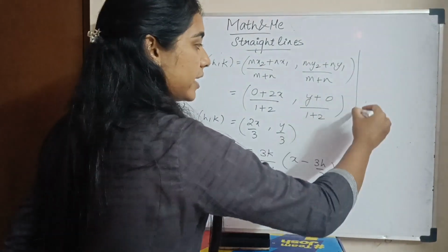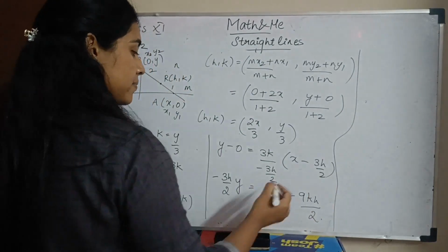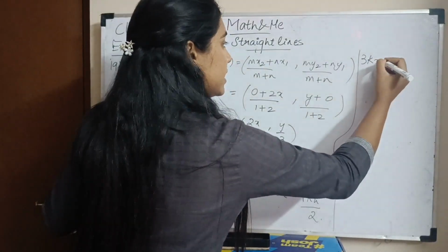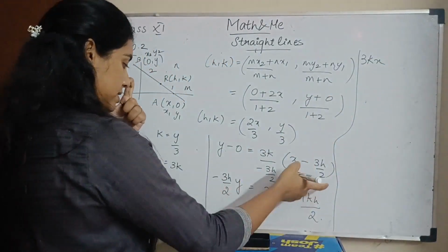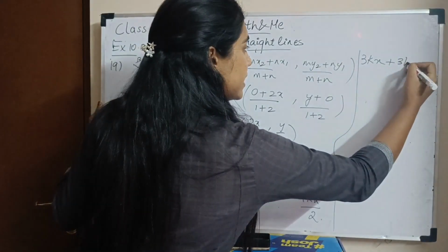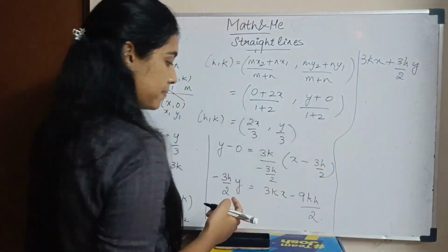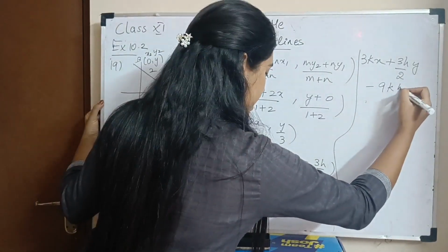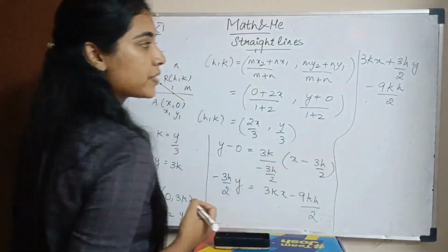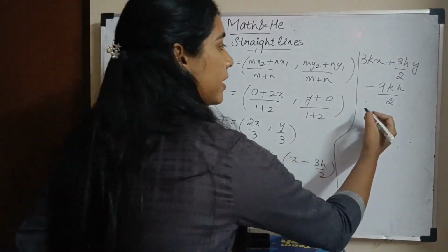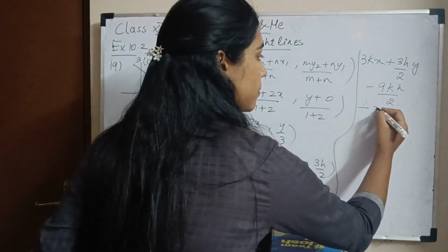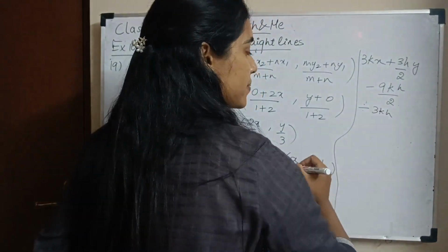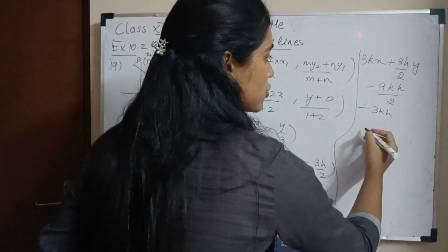So I'm going to consolidate the x and the y's. So I have 3kx plus 3h by 2 y minus 9kh divided by 2 equals 0. I'm going to divide the whole equation by 3kh. So what do I get? 3k goes off.